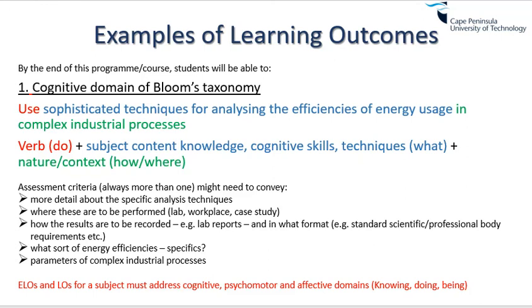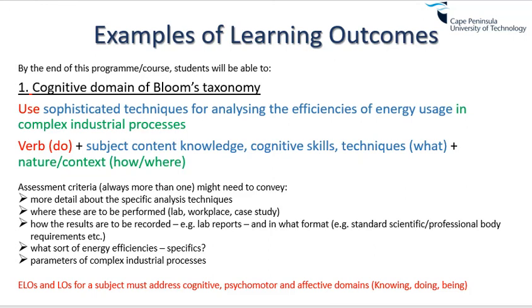It's a powerful statement. And the context is complex industrial processes, not simple industrial processes. Okay? So that is a very powerful statement. That would be more at an exit level outcome rather than a subject level outcome.